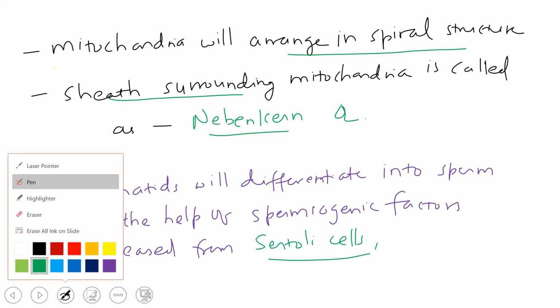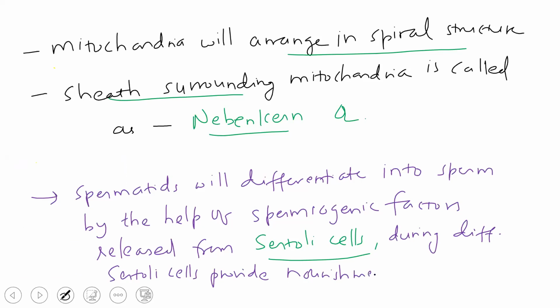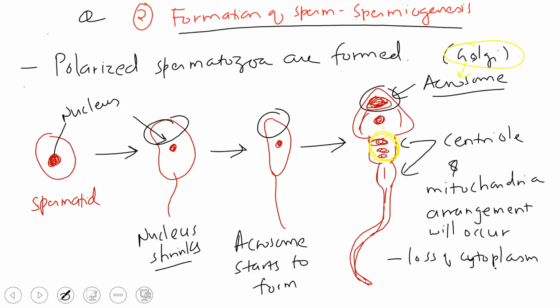During differentiation, they provide nourishment to the sperm. Okay, so this is what we have discussed in this second phase. Usually sperms are embedded in Sertoli cells and they are released in spermiation.